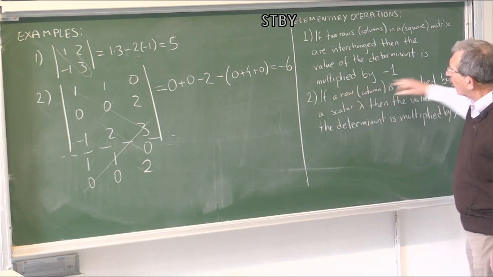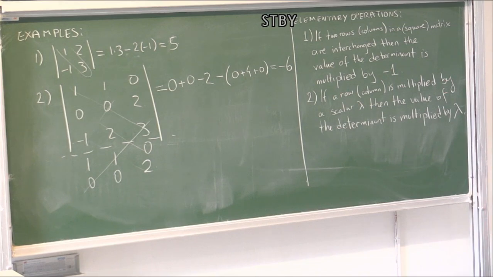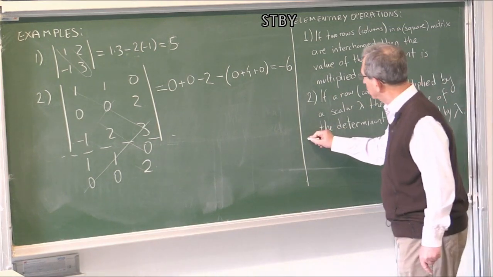So just one row or column multiplies the value of the determinant by that constant.